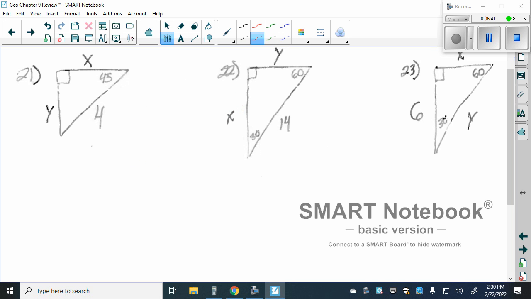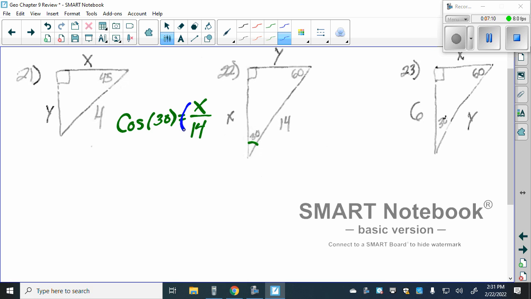Again, we can do what we just did with sine, cosine, or tangent. So if I wanted to take cosine of 30 degrees, well, cosine is adjacent over the hypotenuse. Our adjacent side for 30 degrees would be x, and the hypotenuse would be our 14.